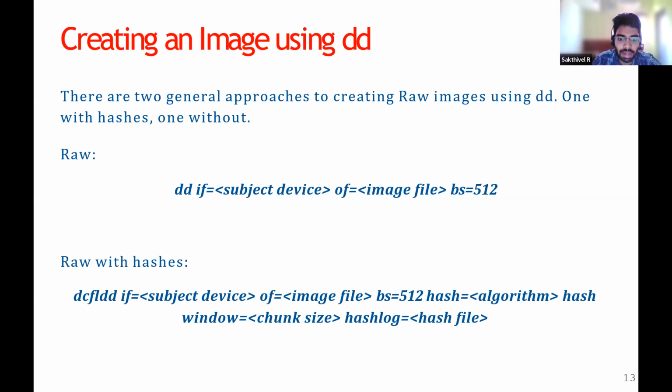So a hash is generated during the acquisition of the image, and then while we are investigating the image, we can check the hash again and match it with the hash that was generated while acquiring the image, so that we can proceed with the investigation much more quickly.